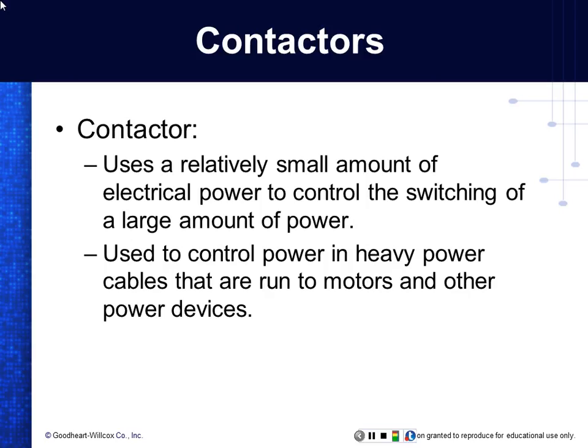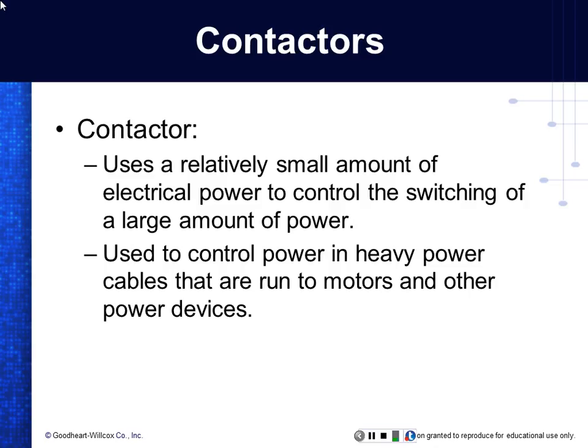Basically, a contactor uses a small amount of electrical power to control the switch and to control a larger amount of power. So I can turn on this control relay with a small amount of power, but I can have it control a large amount of power. The magnetic starter here is 120 volts.